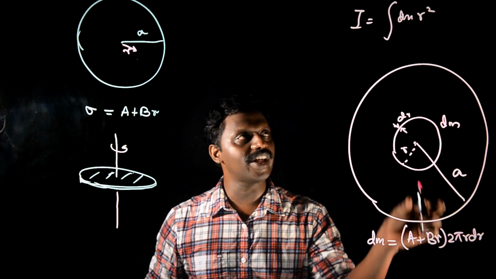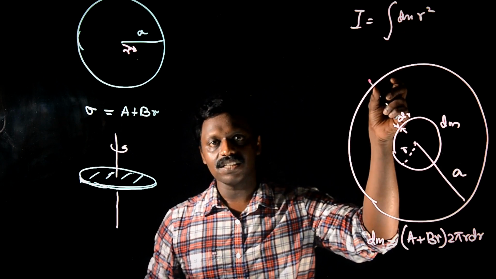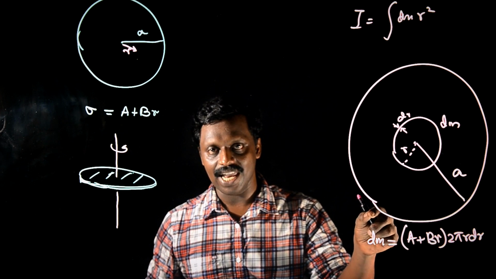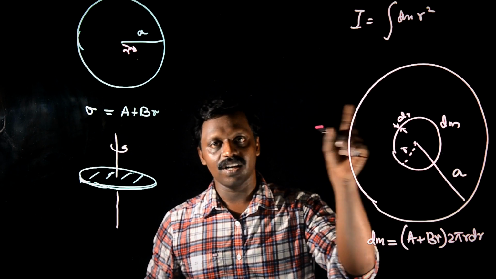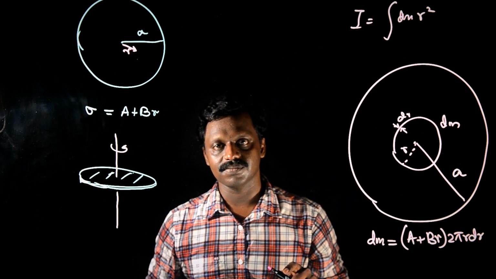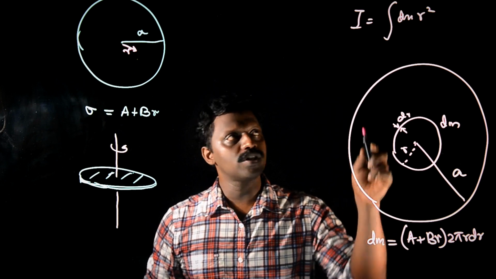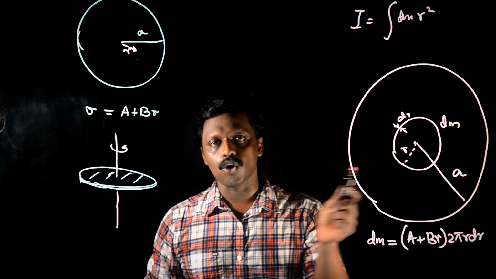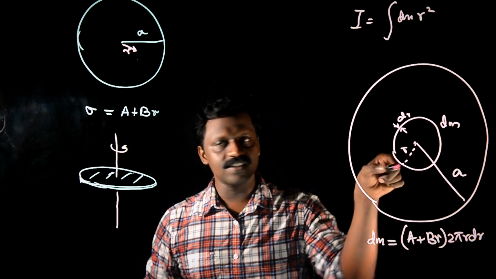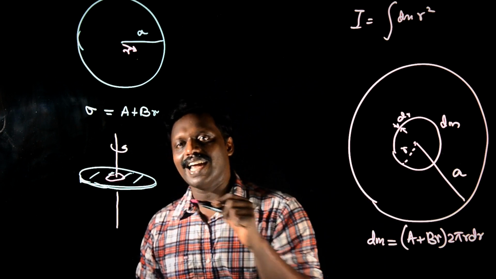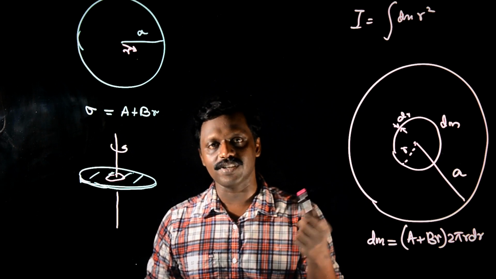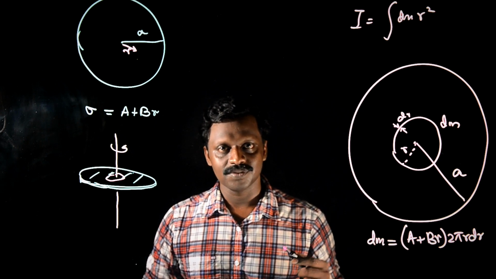We can substitute that value here and integrate with the limit from 0 to A to calculate the moment of inertia of this disk. We have used this particular formula because when the disk rotates about the given axis, this circular strip will be like a ring rotating about an axis passing through its center perpendicular to its plane.